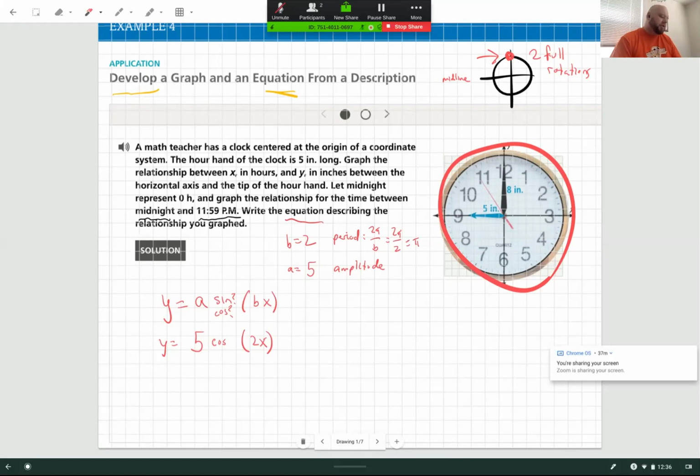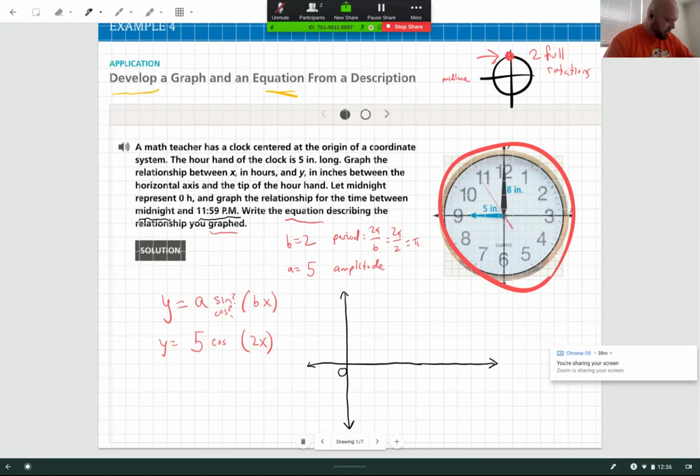But they also want us to graph this because it says describing the relationship that you graphed. I haven't graphed anything yet, so let's graph this. I'm going to jump over to black. I'm going to draw a y-axis and an x-axis. This is going to be 0, and because we make a full rotation in 12 hours, let's do this in hours.